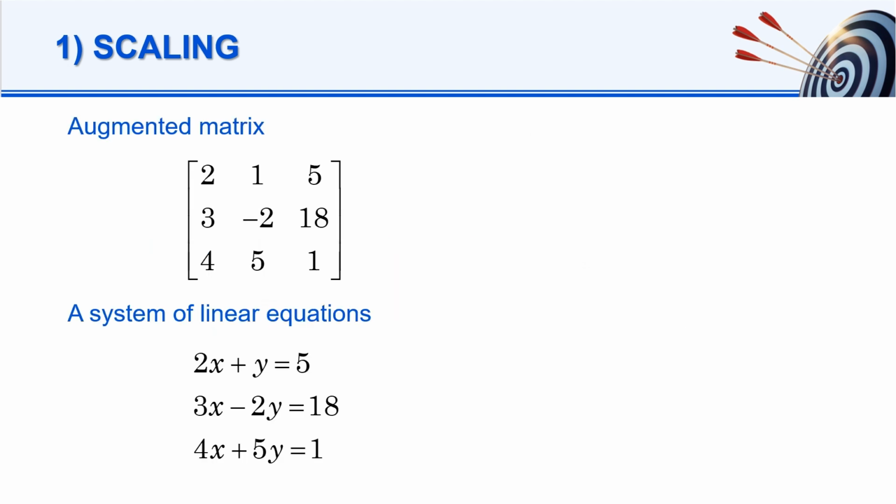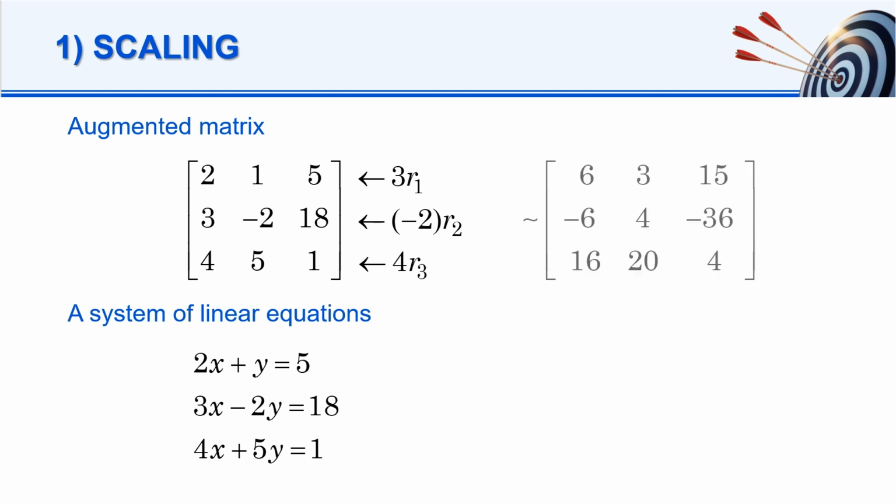To understand what scaling does, consider the system of linear equations and the augmented matrix as shown. Each row operation is indicated with an arrow pointing to the row it is applied to. According to this coding, the first row elements are multiplied by 3, the second row by -2, and the third row by 4.